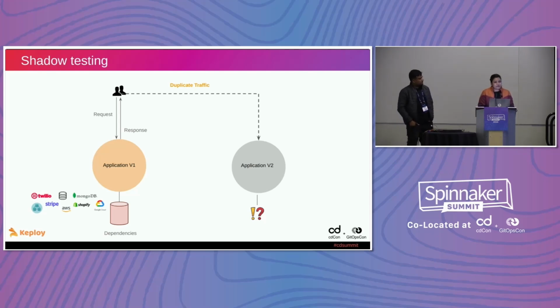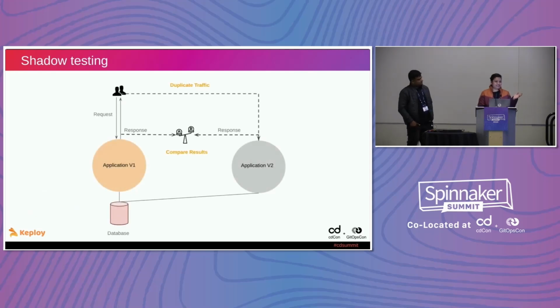So how do you really deal with that? What comes to mind is, why not just directly connect this application V2 to the production database? But again, that creates a lot of blunders. So definitely we cannot do that.